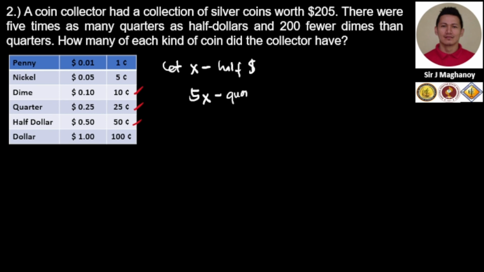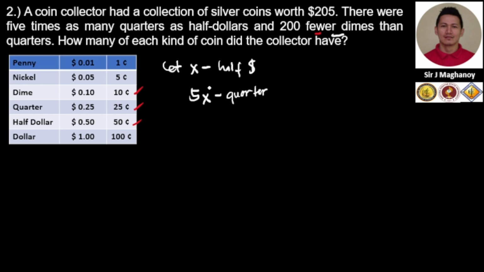How about the 200 fewer dimes than quarters? Fewer means a minus, while more is a positive. So there are 200 fewer dimes than the quarters.